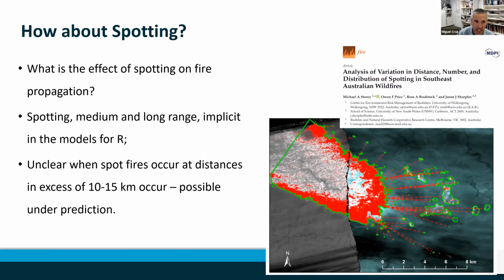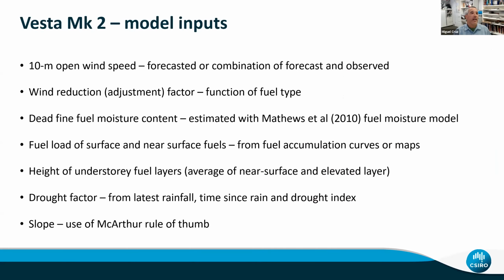We found that in a couple of case studies where there were authenticated 10, 15 kilometer spot fires. We found the models to follow that under prediction trend, not too much, but a bit of an under prediction. Now, just a summary of model inputs.